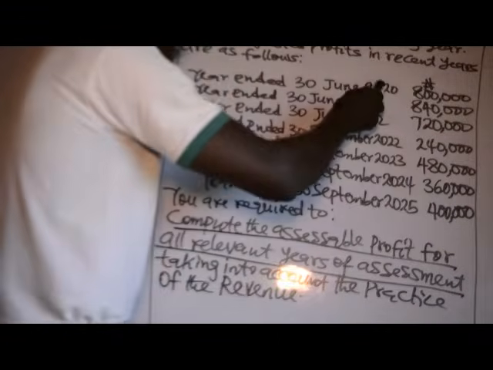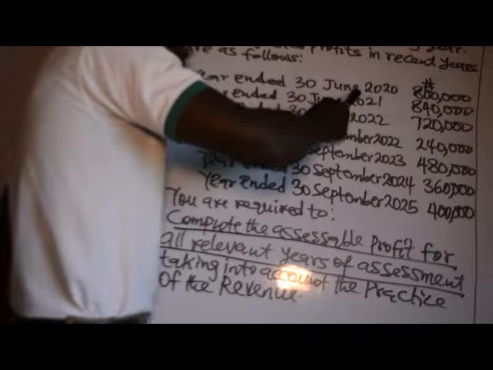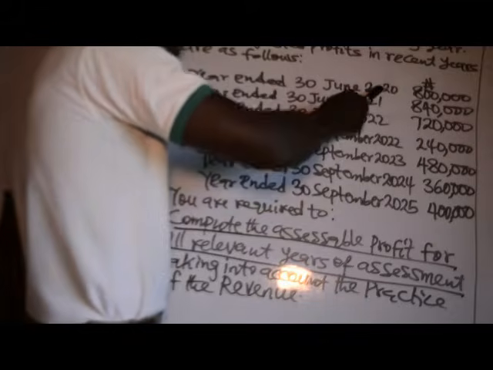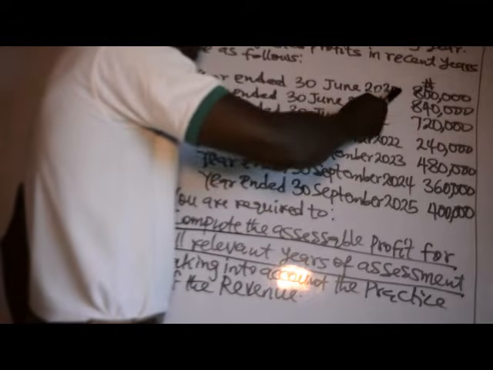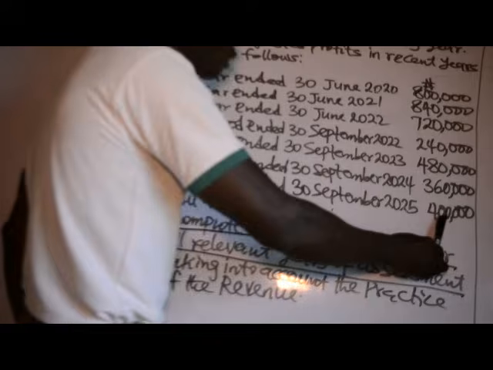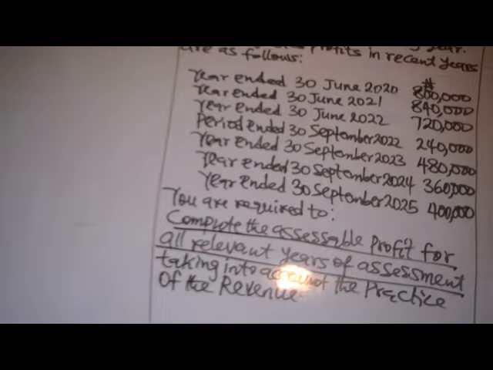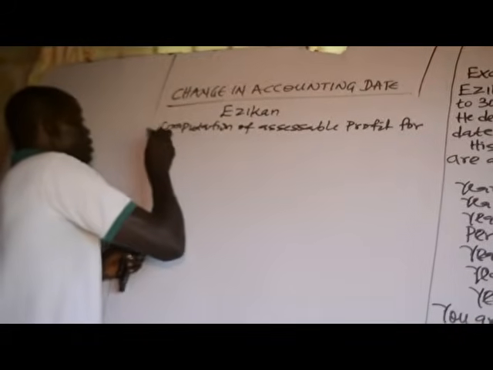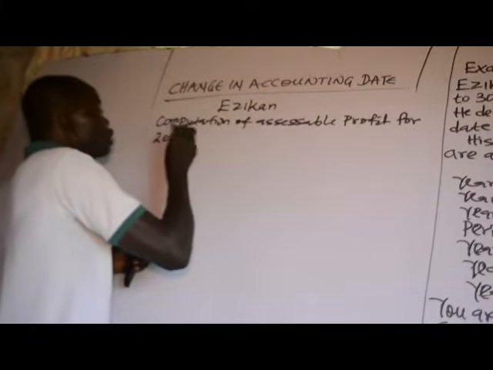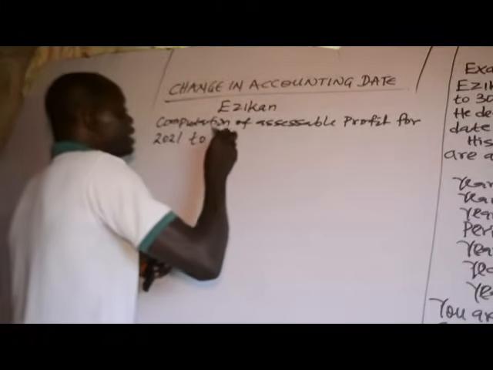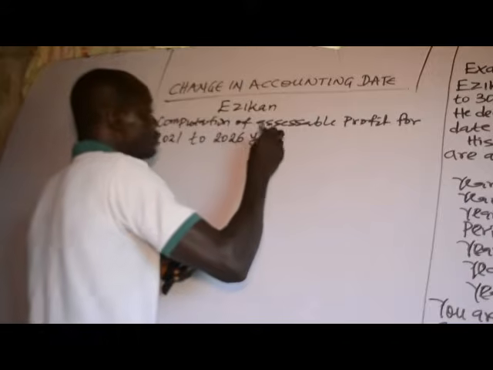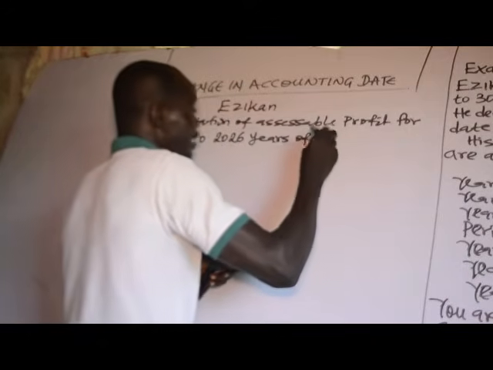That is why I said you identify where the years of assessment will start. The first profit of 2020 will be assessable in 2021, while the profit of 2025 will be assessable in 2026. So, computation of assessable profit for 2021 to 2026 years of assessment.